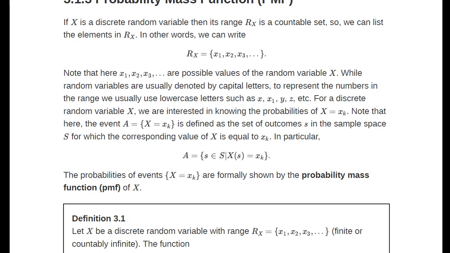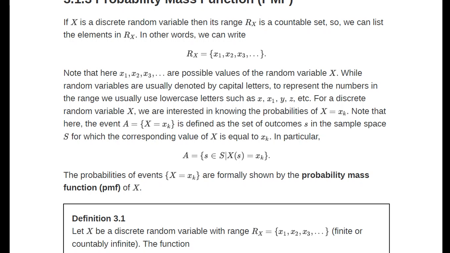Note that here x1, x2, x3 are possible values of the random variable X. While random variables are usually denoted by capital letters, to represent the numbers in the range we usually use lowercase letters such as x1 or x or y or z and so on. For a discrete random variable X, we are interested in knowing the probabilities of X equal xk.